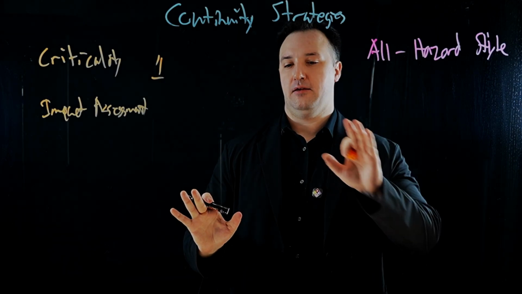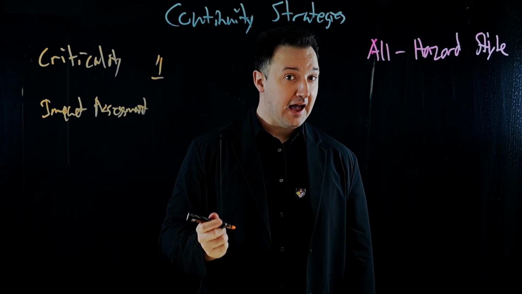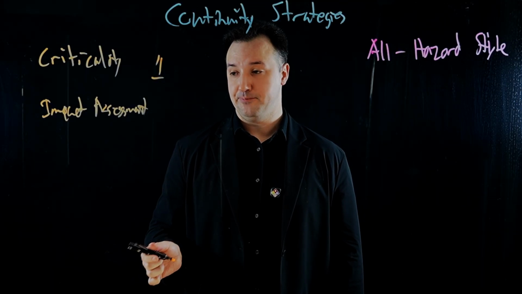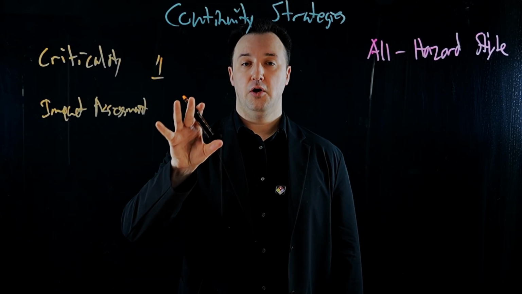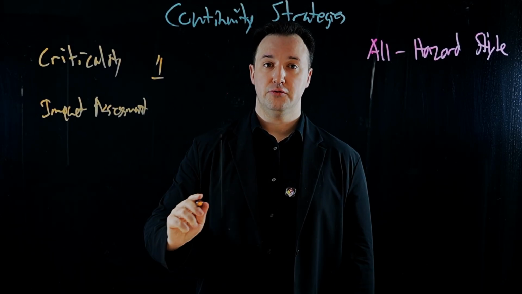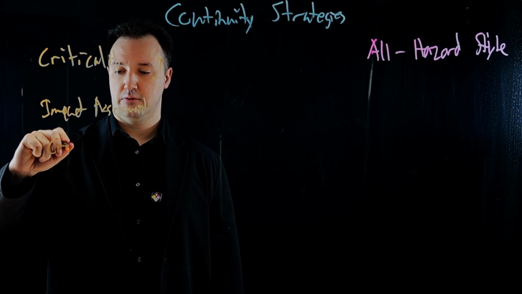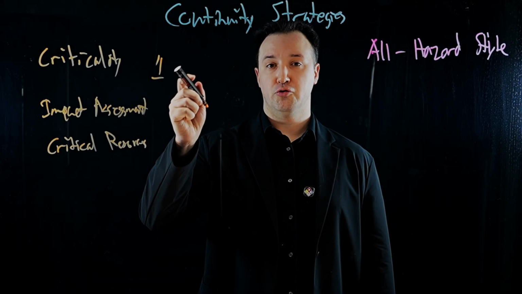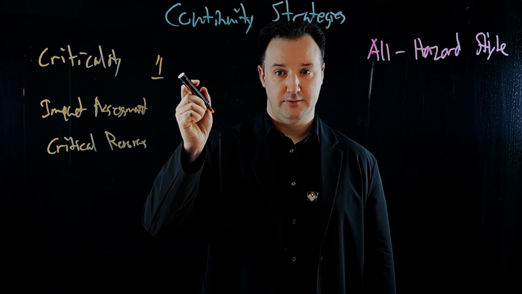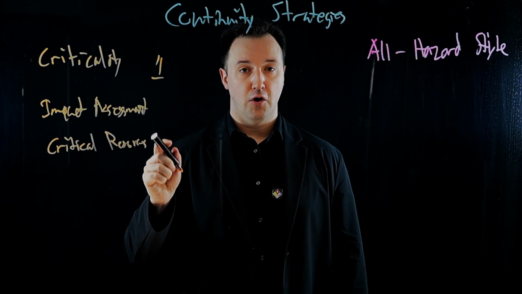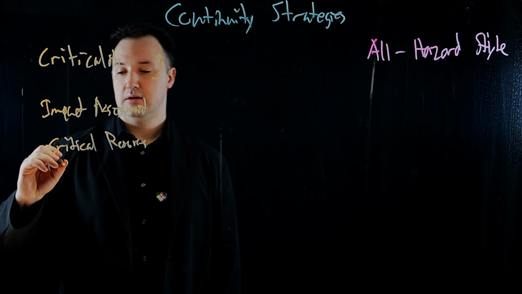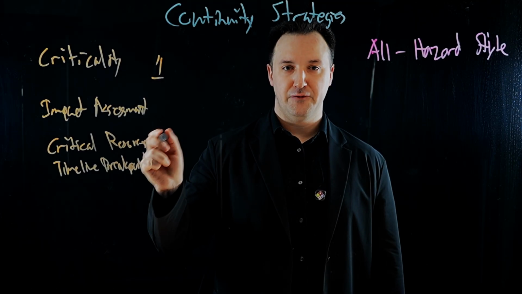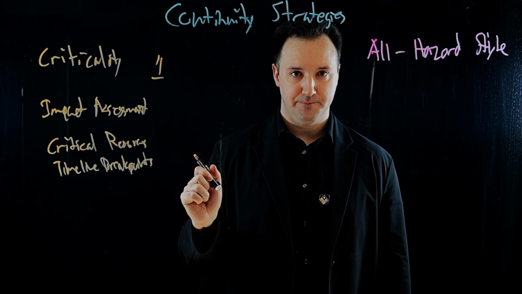Do not do that. Once you do that, then we get to play how do things fail ricochet game. So what you're then going to do is you're going to go to the critical resources and find all the critical resources for the criticality 1 stuff. You're also going to find out in timeline breakpoints the time that stuff needs to be available by.